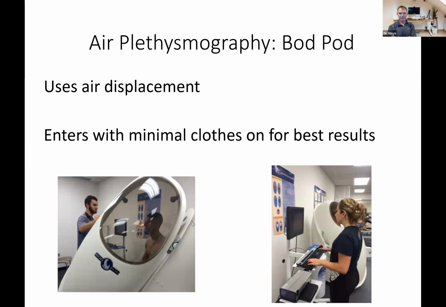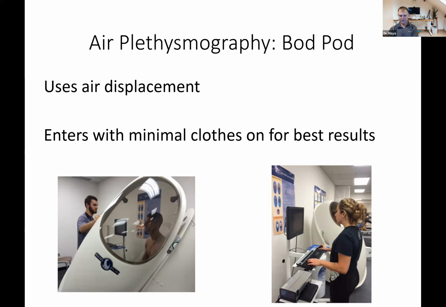But if I had the choice of getting one assessment method here on campus, I would say the Bod Pod would be it for me. This one is probably still $60,000, $80,000. I mean, it's expensive. But the way this works, instead of water displacement like the underwater weigh-in, it's air displacement. And the fancy word is air plethysmography.